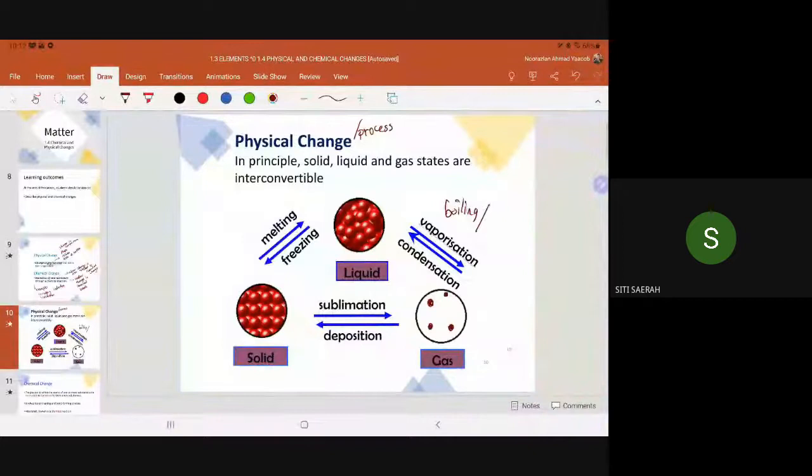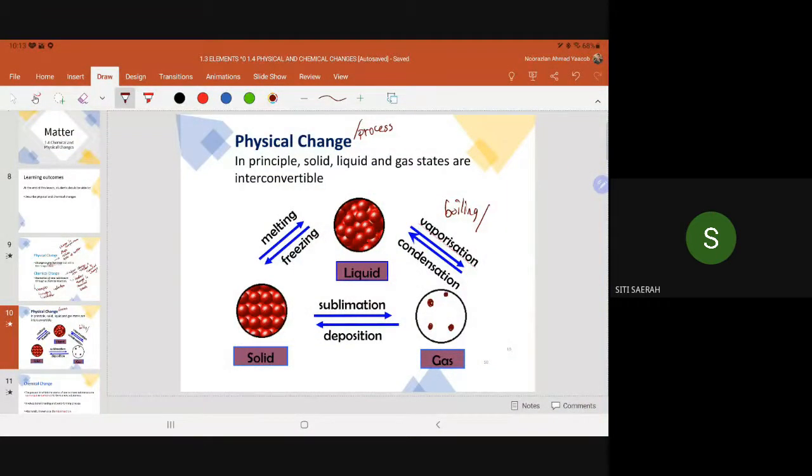Boiling ataupun vaporization lah. Liquid to gas. And then kalau gas jadi solid, kita panggil sebagai proses deposition. Kalau kita ambil gas, kita tukar terus jadi solid. Okay. Whereas the other way around, kalau solid jadi gas, kita panggil sebagai sublimation. Gas jadi liquid, condensation. Liquid jadi solid, kita panggil sebagai freezing.